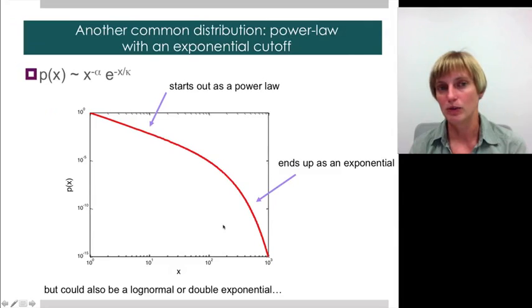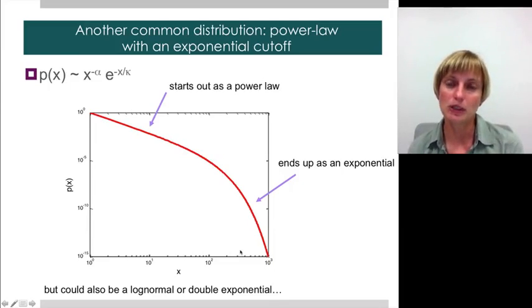And so, what you may end up doing is fitting a power law with an exponential cutoff, which just says up to this value kappa, it's a nice power law, and then after that, it starts to decay exponentially. And there could just be different reasons for this.